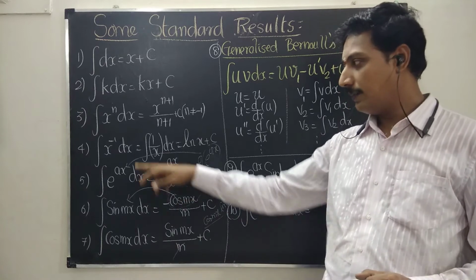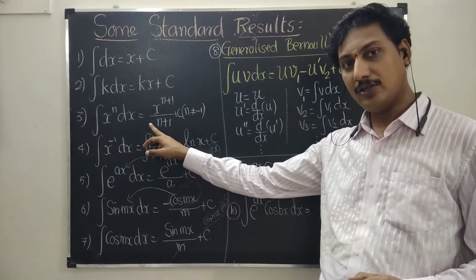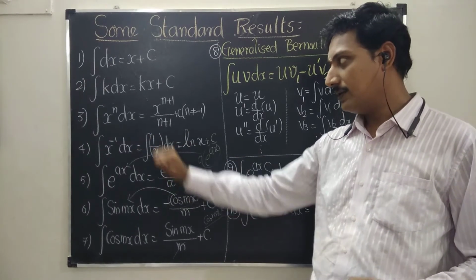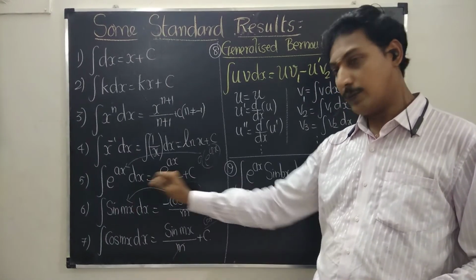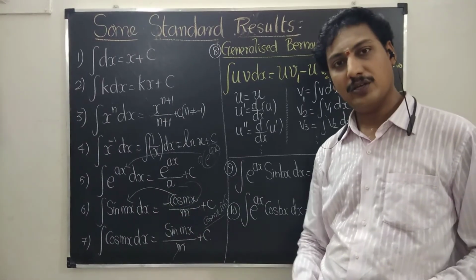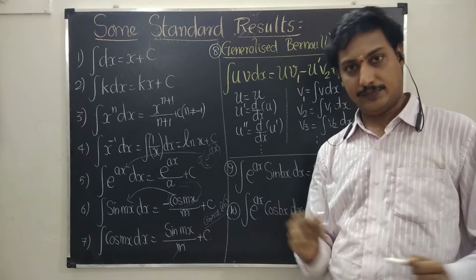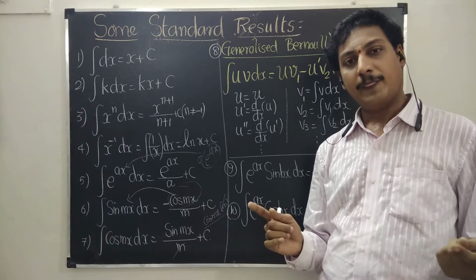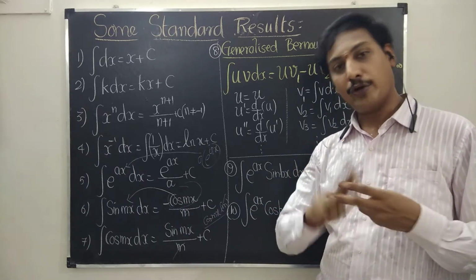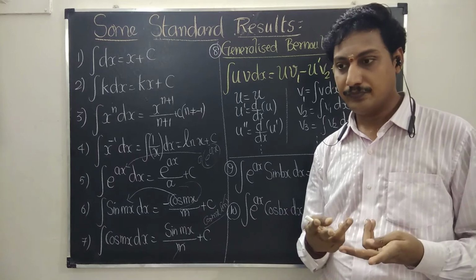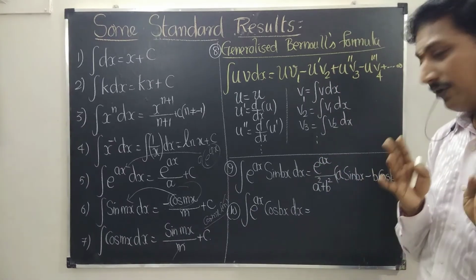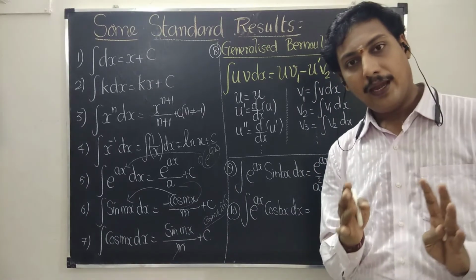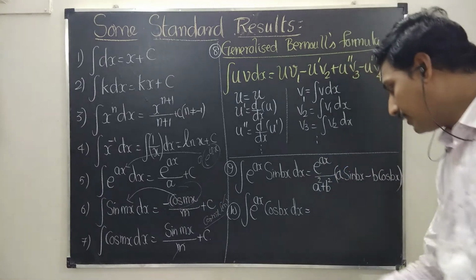Right? So we have the polynomial function with n not equal to minus 1, n equal to 1 as a constant function, the exponential function, and the trigonometric function. Apart from this, suppose any two functions are there in product form, what will we do? We know one formula called the integral by parts formula. What is integral by parts?